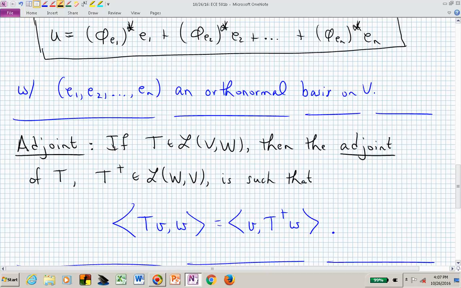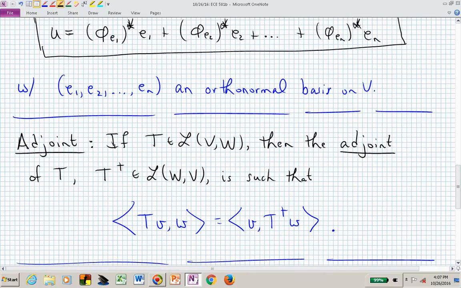We then use that relationship to define our adjoint, which again is a linear map from W back to V. That means the inner product on the left is working on the vector space W, and on the right everything is ending up in the vector space V, which has an underlying inner product defined on it.